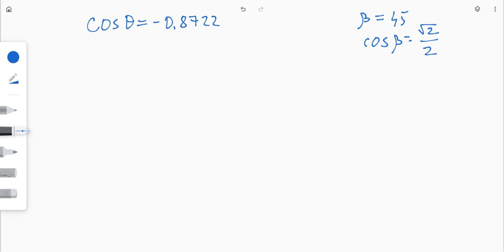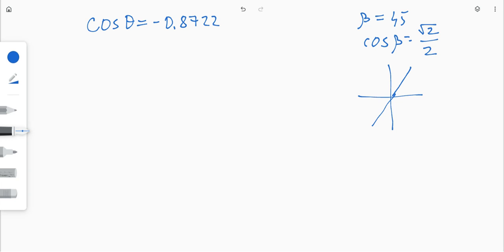Right. On the sketch, 45 degrees is in the first quadrant. So for second, third, and fourth quadrant, the angle of 45 degrees will play a role of related acute angle.